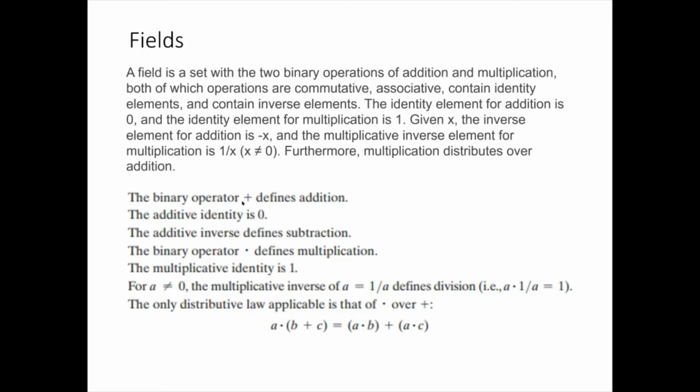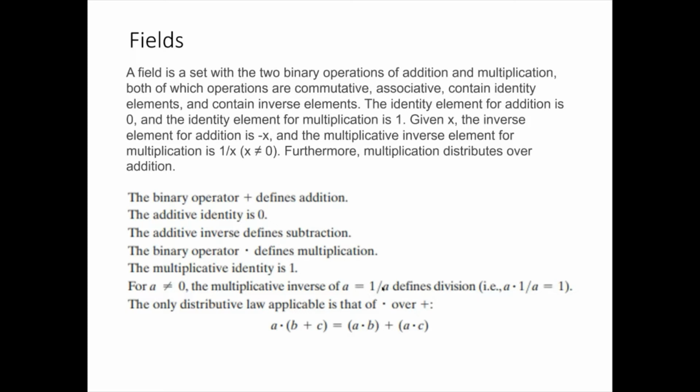Okay. The plus sign is used for addition. The additive identity is 0. Well, we know the multiplication identity is going to be 1. The additive inverse is just subtraction. The binary operator defines multiplication. And for the special case of a not equal to 0, the multiplication inverse is just 1 over a.